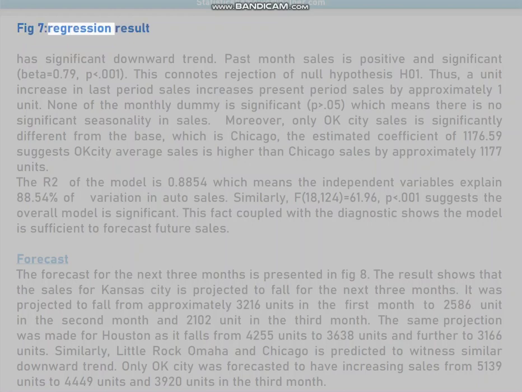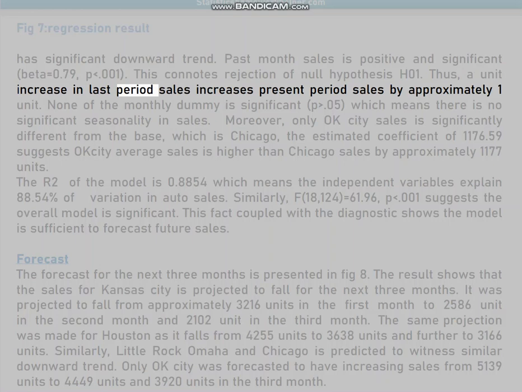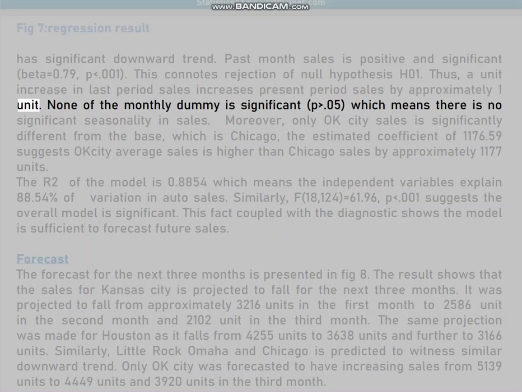Fig 7, Regression Result. Auto sales has a significant downward trend. Past month sales is positive and significant, beta equals 0.79, p less than 0.001. This connotes rejection of null hypothesis H01. Thus, a unit increase in last period sales increases present period sales by approximately 1 unit.